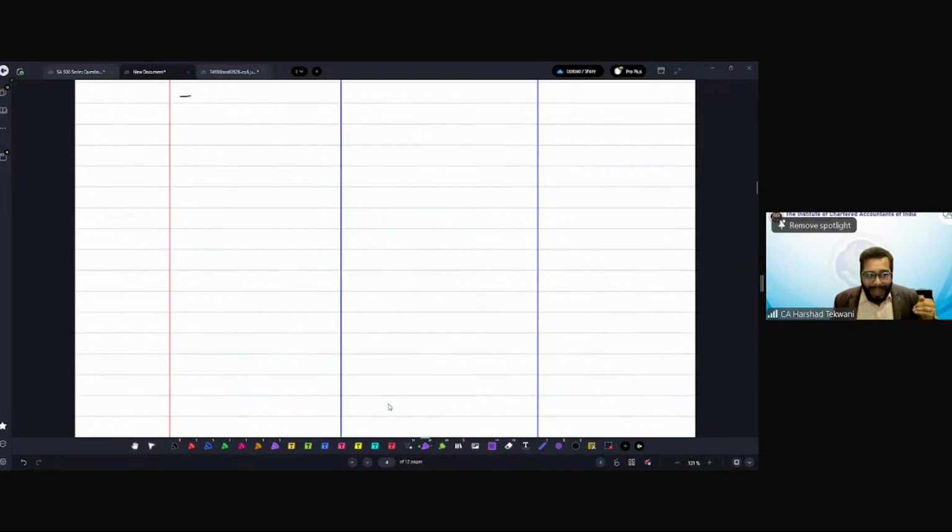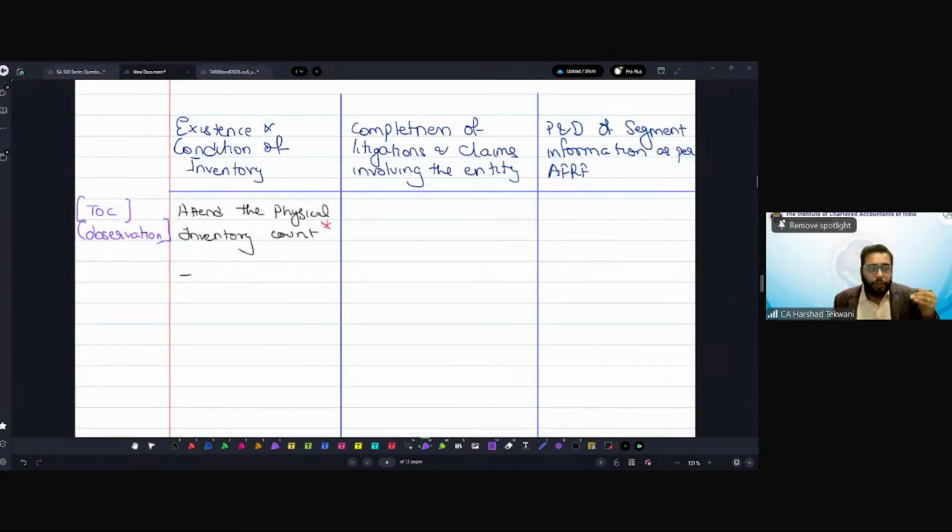So in this way, we can understand that when you are attending the physical inventory count, which is a control performed by the management, first of all, evaluate the management's instructions. Is management providing any instructions on how to perform the count, who is performing it, and what things need to be taken care of while it is performed?